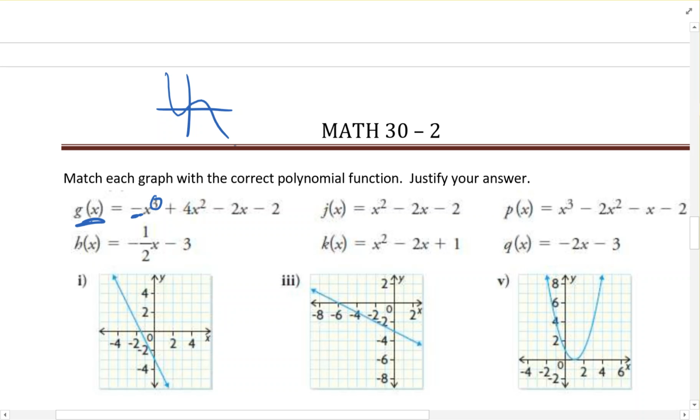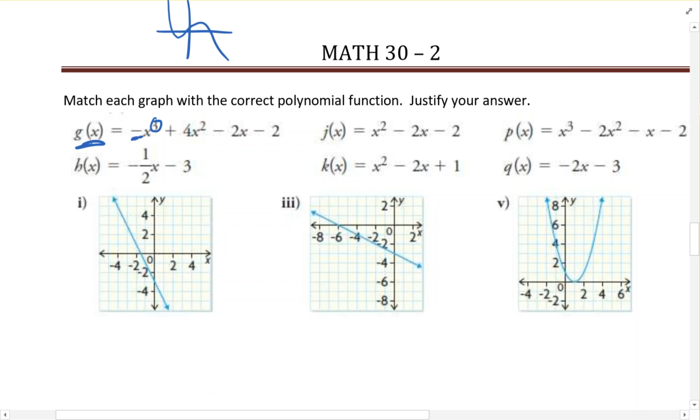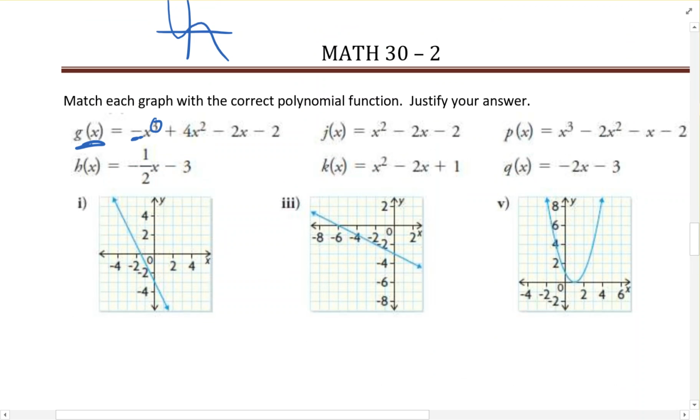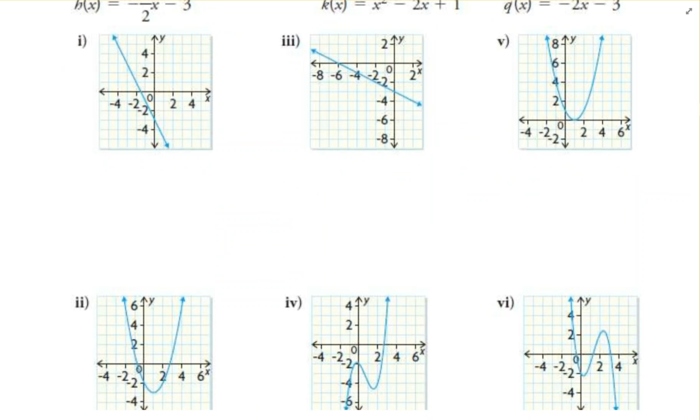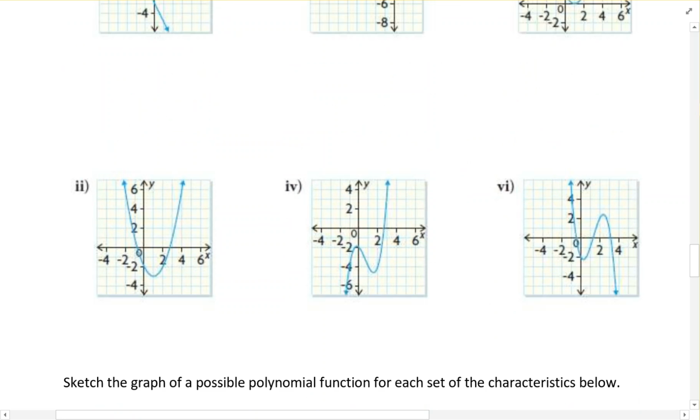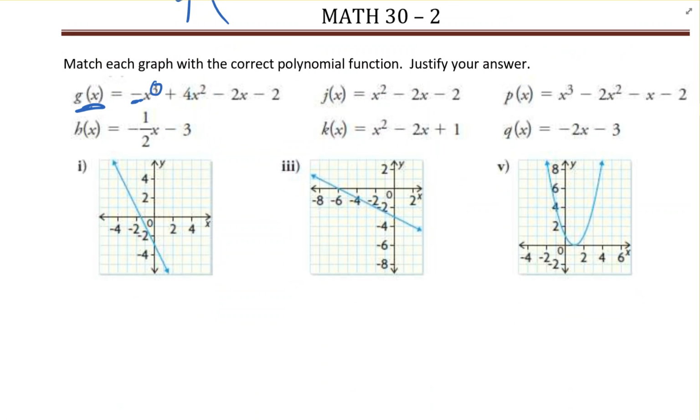Okay, so let's see if we can find a squiggly thing going down like that. There's only one of them. I don't even need any more info, right? That's the only one. So G has to be with this one. I'm not going to actually circle these. I'm going to let you guys do it when we're done here, but I'm just going to give you a hand.